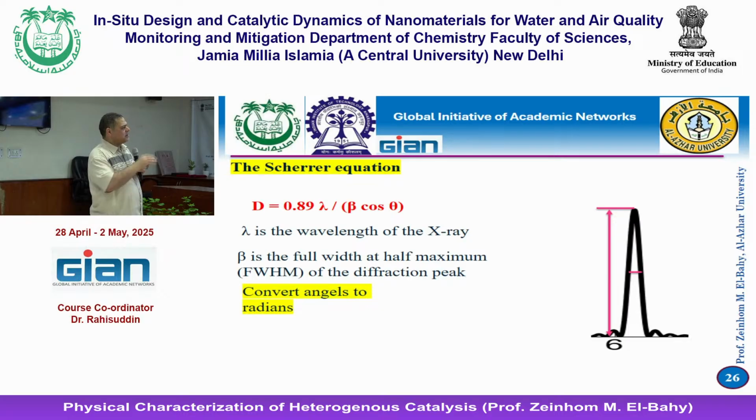You measure the height, divide this height by 2 to go to the half width, measure this half width and transform it into radian values, and then you can apply it in this equation and determine the D, which is not particle size, but crystalline size.